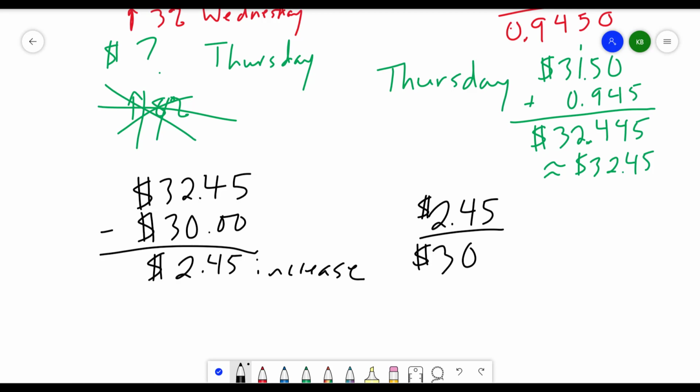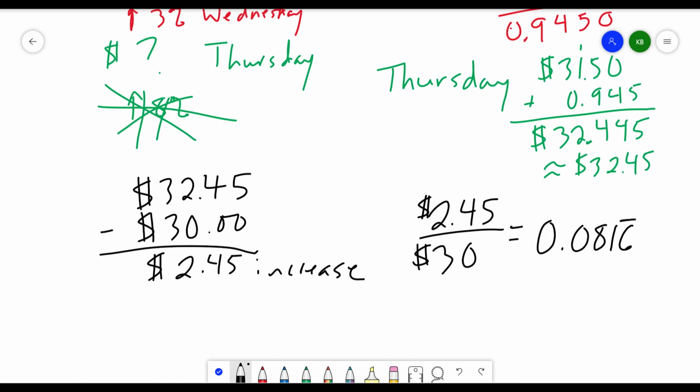Where you don't have it out of 100, but you want it out of 100. So you want to change it to be that, or you can do the long division. So in this case, I'm going to do the division. $2.45 divided by 30. If I do that, I get 0.081, and then I've got a whole bunch of 6s repeating themselves.